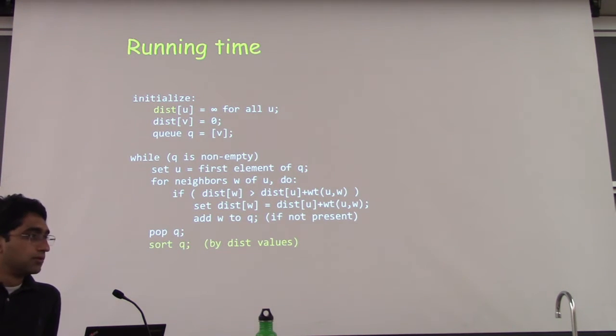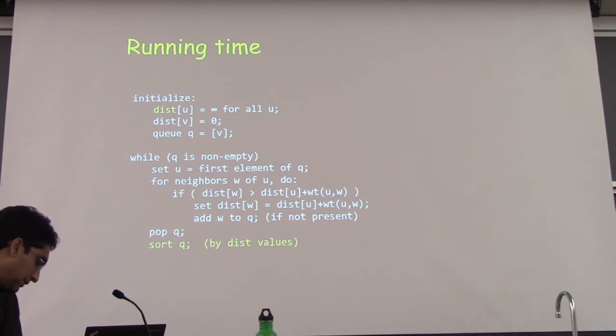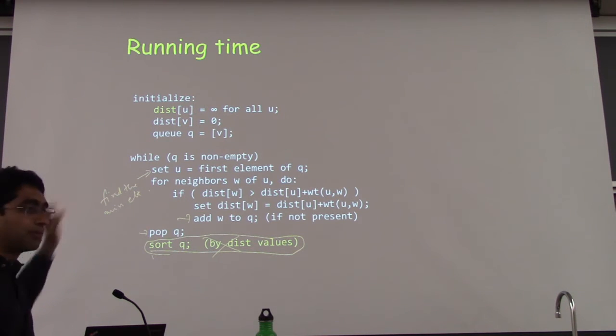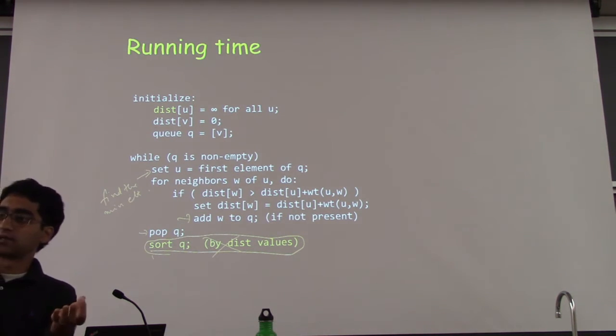Same as breadth first search. Yes, then it would be exactly the same as breadth first search, because this now takes O of one time, and now I don't have to do this at all. And here we are just doing this min operation, so finding the min element, and basically you're finding the minimum element and removing it from this data structure.